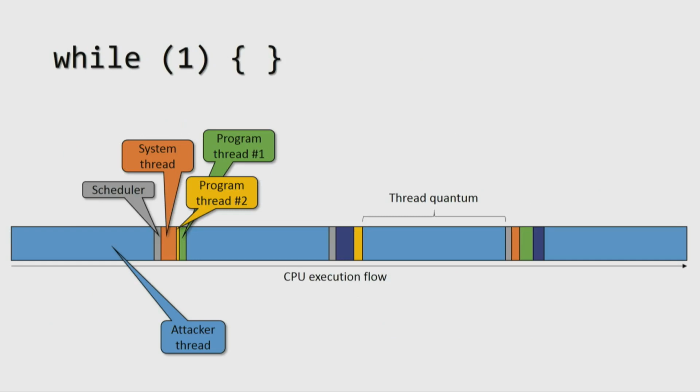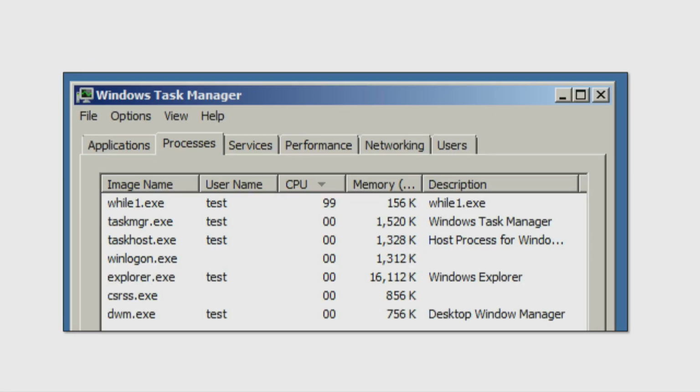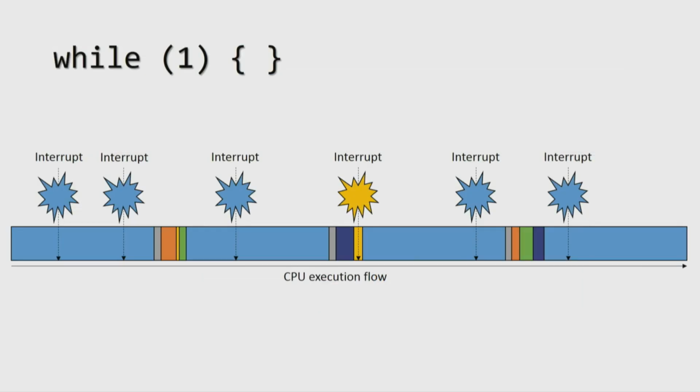You just have a thread which consumes a lot of CPU time, basically the whole thread quantum that it can, and it leaves very little space for the other threads executing in the system. This is what it looks like in Task Manager. Just 99% of time is taken by our single application here. The good thing about this is that the interrupts then start to occur within the context of our thread.